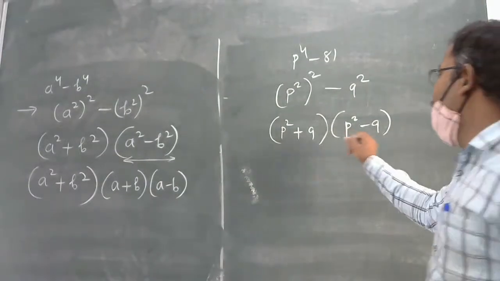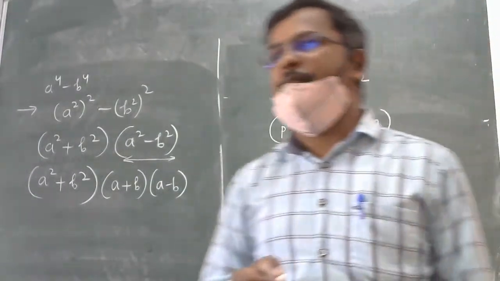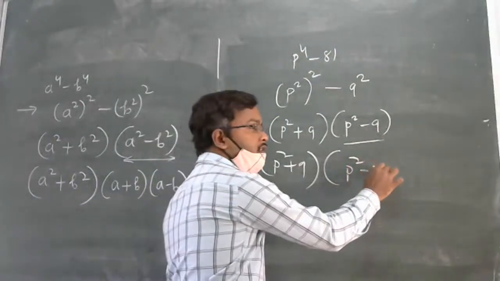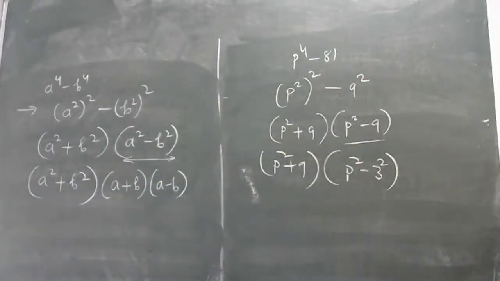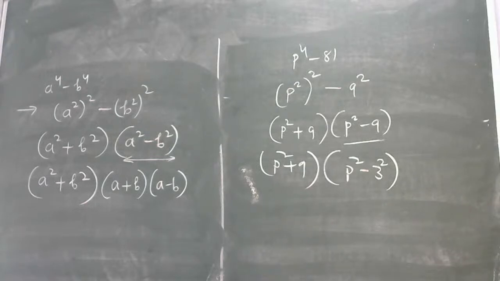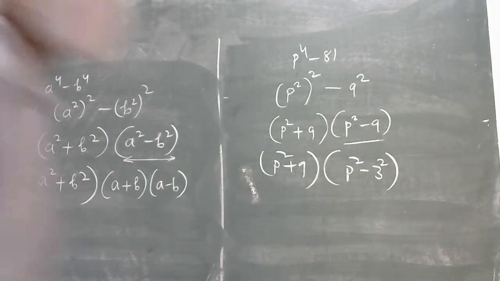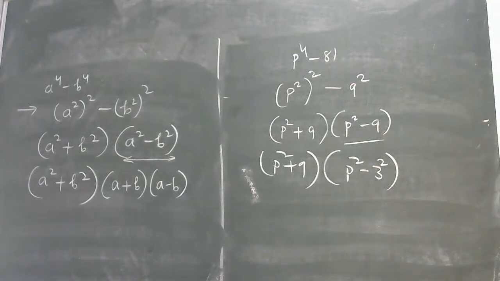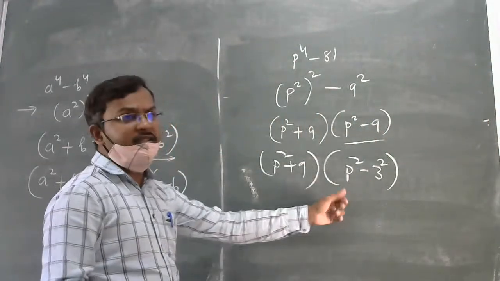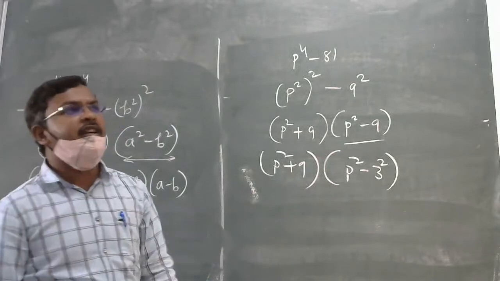Okay, so further you see here, this can be factorized further. P square minus 9, write it as p square. So again, this we can factorize using the a square minus b square identity. What will it be?